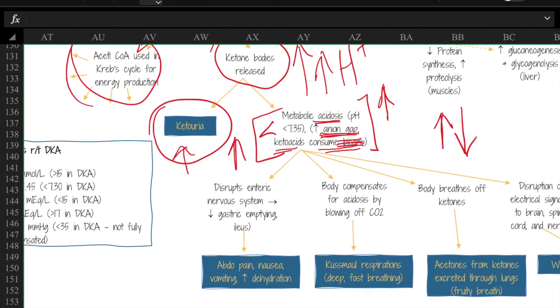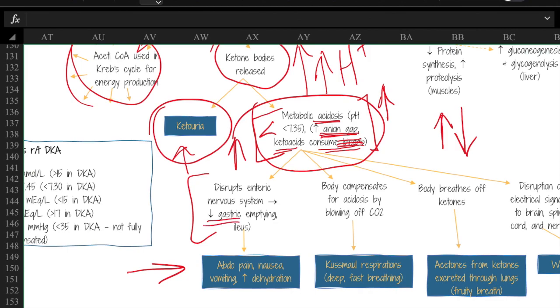So let's talk about some of the symptoms that come out of metabolic acidosis. And remember, we don't have this in HHS. We don't have the metabolic acidosis, and that means we aren't going to have these symptoms that I'm about to talk about that are a result specifically of acidosis. Okay, so first of all, that acidosis disrupts the enteric nervous system, and that can result in a decrease in gastric emptying and sometimes ileus.